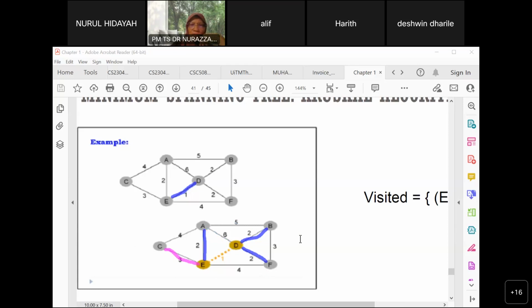Berapa total cost dia ni? So total cost ialah tadi 1 kan, yang first one.